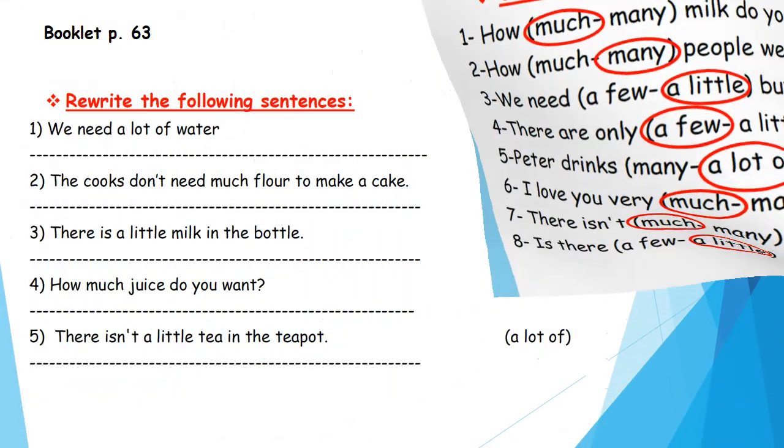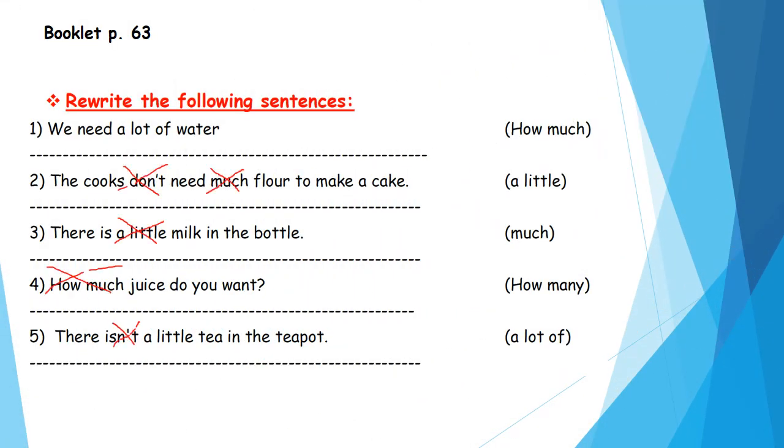Okay, booklet page 63. Rewrite the following sentences. What is the meaning of rewrite? We will rewrite the sentence again using the words between brackets. Okay, number 1. We need a lot of water. How much? Here we want to make a question.